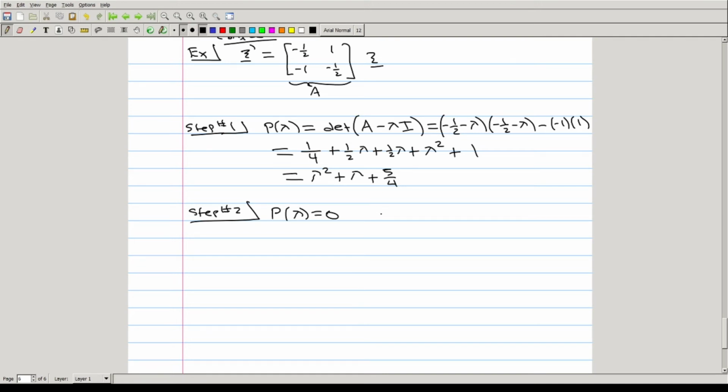this is going to be, by the quadratic formula, lambda equal to negative b plus or minus the square root of b squared minus 4 times a times c, divided by 2 times a.